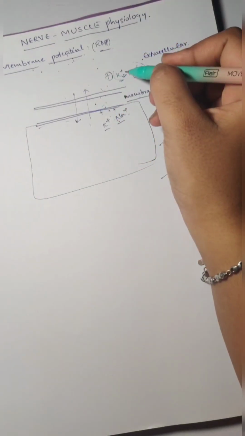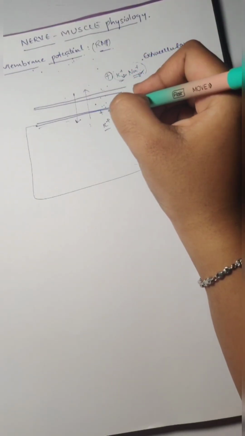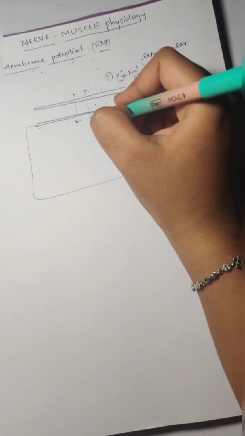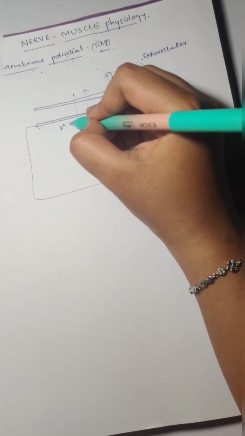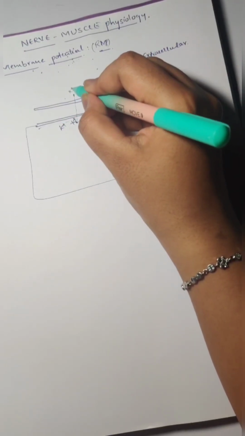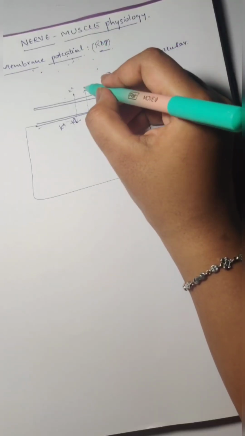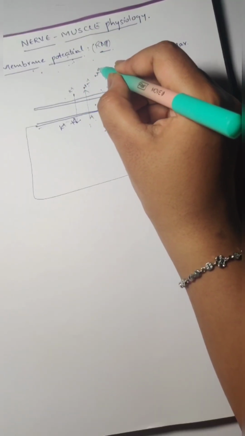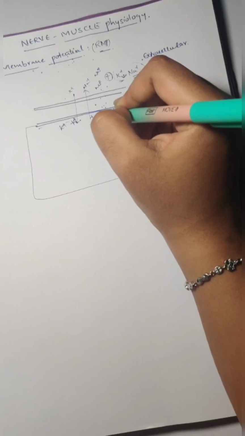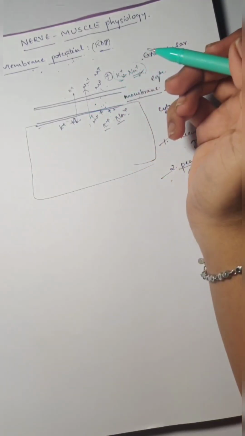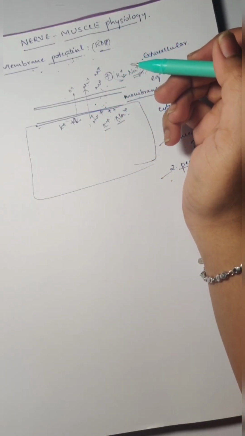A cell chooses potassium ions to be more inside the cell. So inside a cell, potassium ions are more when compared to outside the cell, and outside the cell, sodium ions are going to be more when compared to inside the cell. So how will we remember? Inside is potassium.